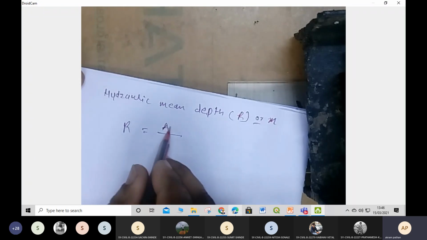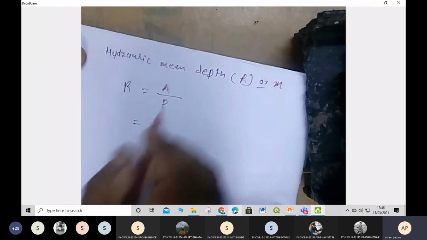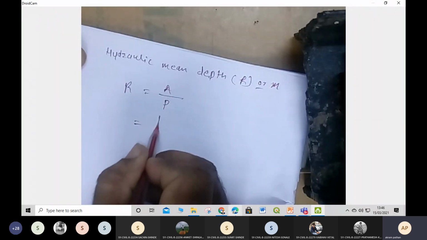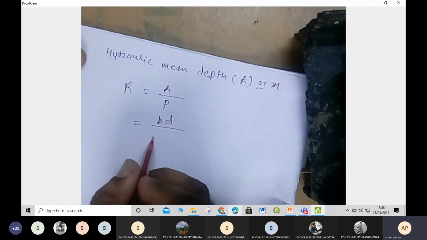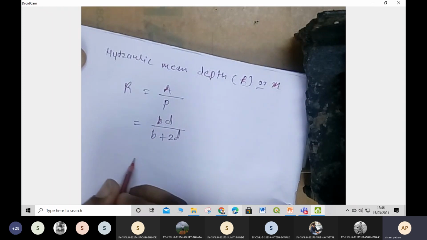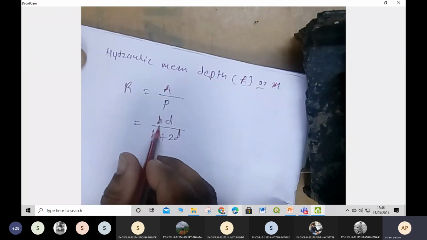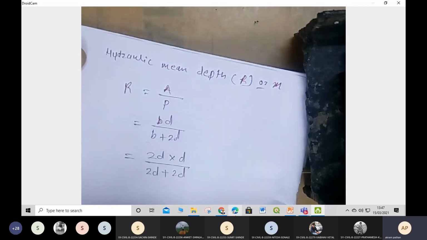It is the ratio of area to wetted perimeter. So we have to put the area for the rectangle, B into D, divided by the perimeter, B plus 2D. What is this B? We have written earlier B is equal to 2D, so the perimeter is 2D plus 2D.